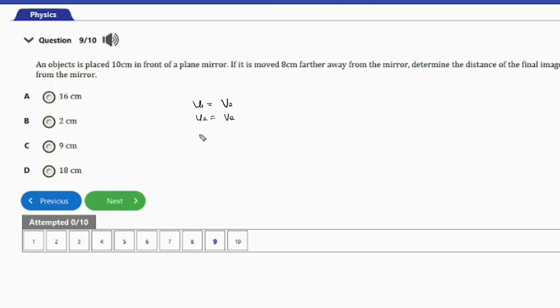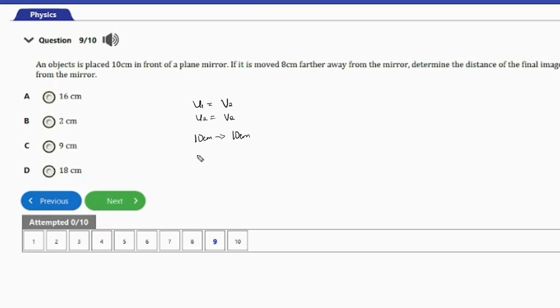So guys, if we use the numbers given to us here, an object is placed 10 cm from a plane mirror. So if u1 is equal to v1, that means when the object is 10 cm from the mirror, the image will also be formed 10 cm from the mirror.